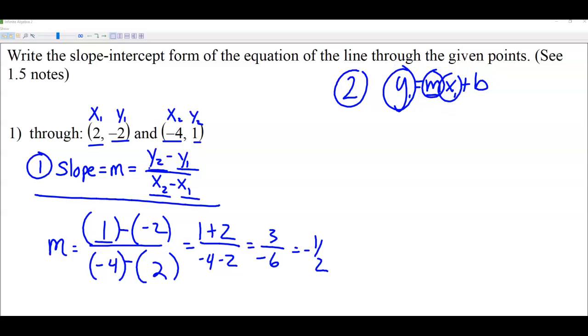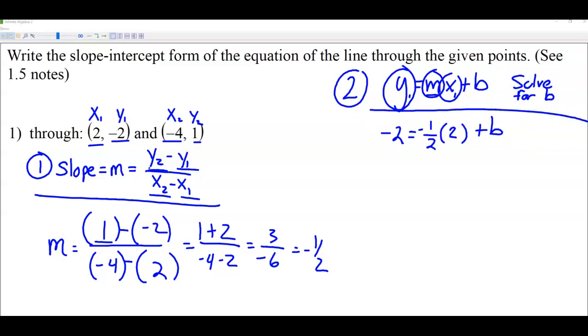If I plug those in, I'm going to get negative 2, negative half, 2. And what we want to do on step 2 is solve for b. So we plug in those 3 numbers and then we're going to solve for b.